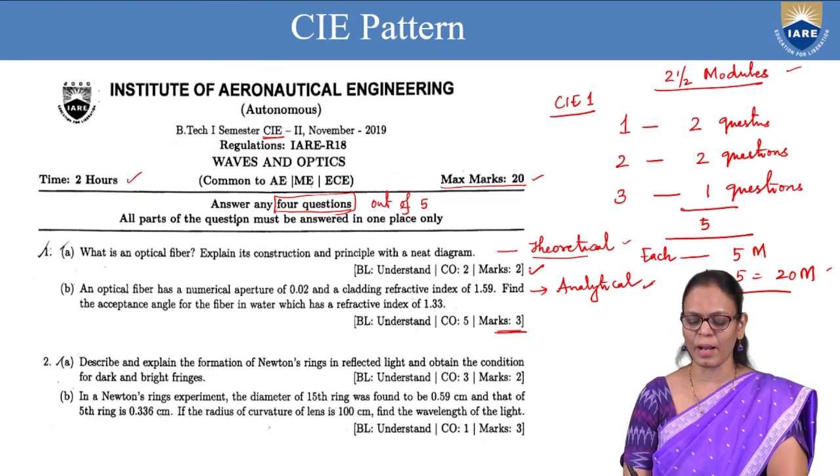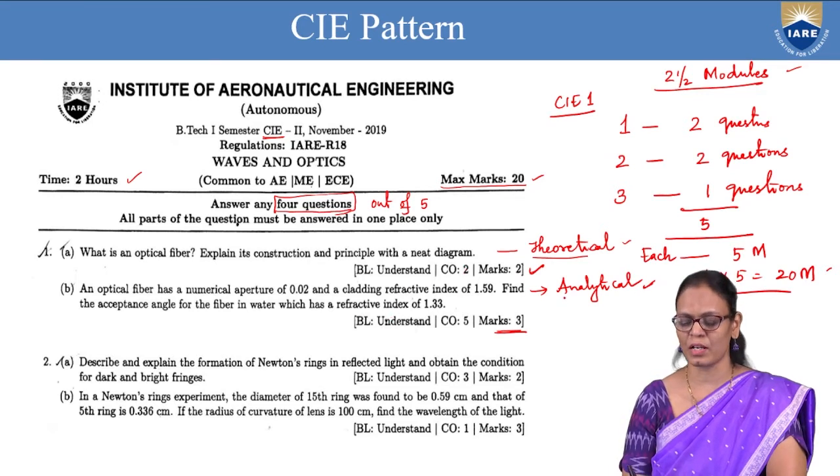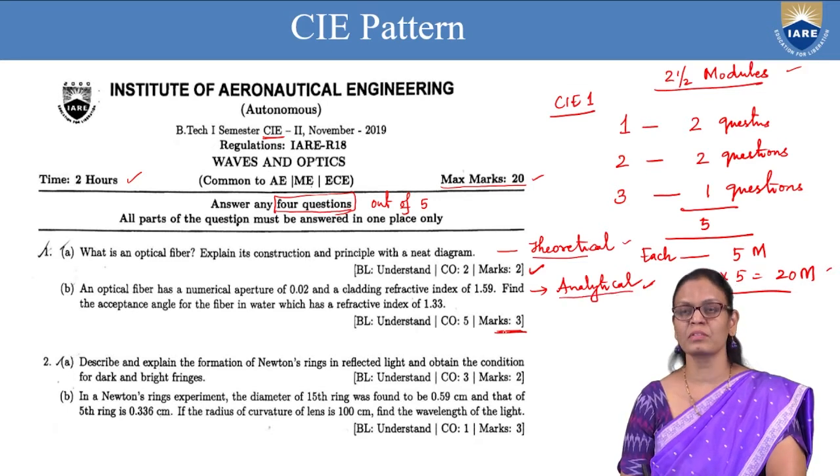When I'm talking about a 2 marks question, most of the time you will be getting short answer questions here. And then analytical questions, which are simple, not so complex, you will be getting for 3 marks. So theoretical as well as analytical are both taken care of.